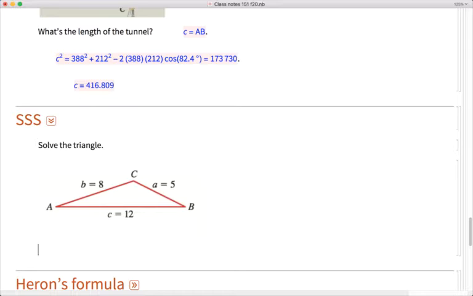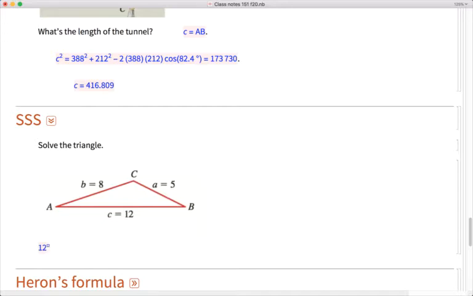Maybe I'll choose angle C. If I focus on angle C as being the fake 90, then 12 would be my fake hypotenuse. So 12 squared will be 8 squared plus 5 squared, but then I need to subtract off twice 8 times 5 times the cosine of the angle C.